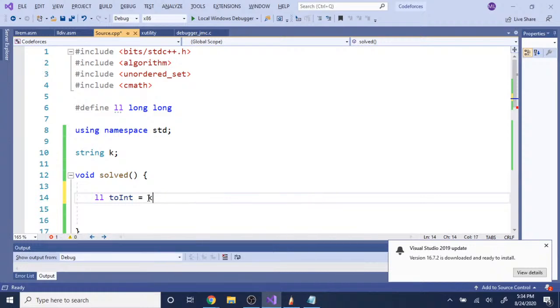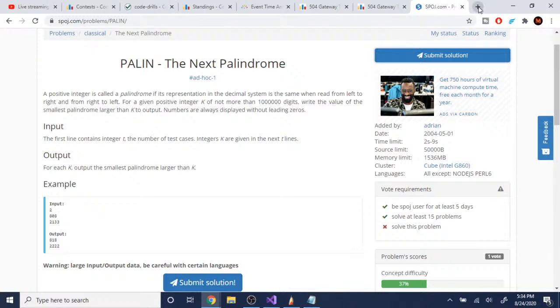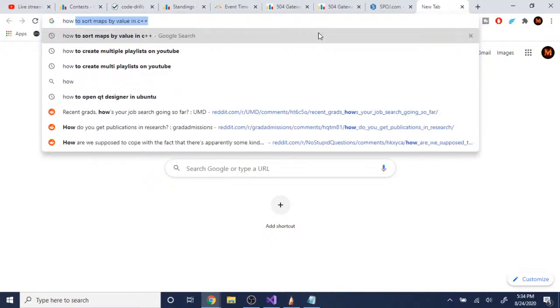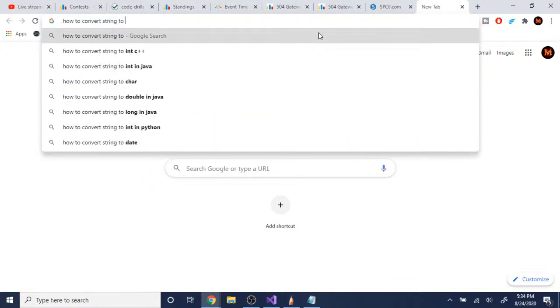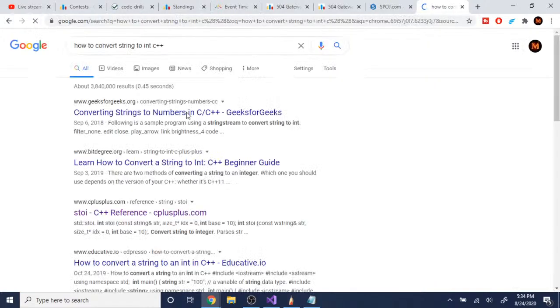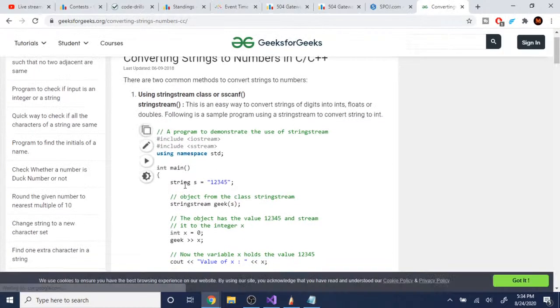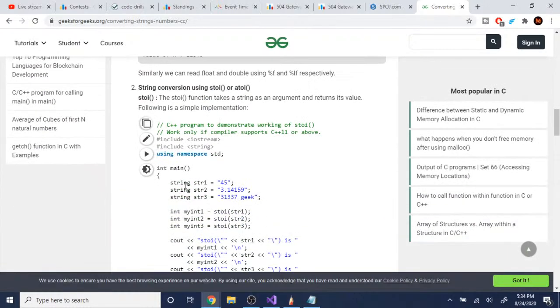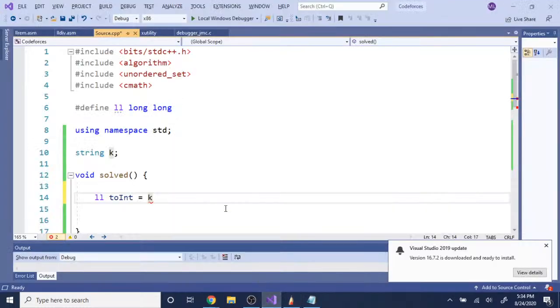Convert it to an integer. How to convert string to an integer? I don't want to do scanf. stoi. So I could use stoi.